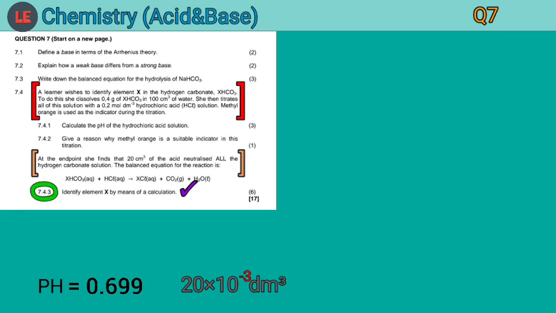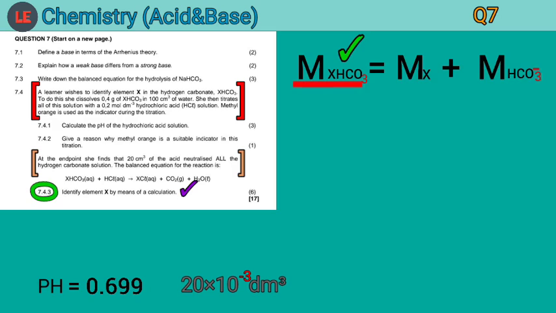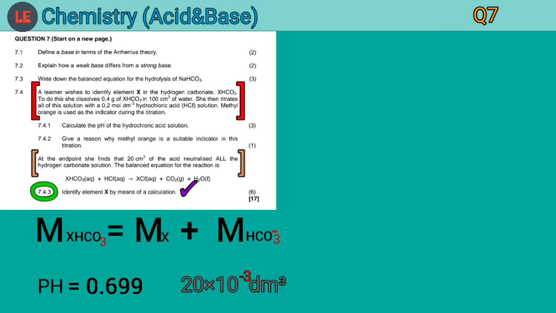So, to get to know the element X, we have to know its molar mass. To do that, we say molar mass of XHCO3 equals molar mass of element X plus molar mass of this hydrogen carbonate. Remember what we did here, but here it is not that Na+. We are here to find out X. We take the concentration of HCl given and convert it into moles.